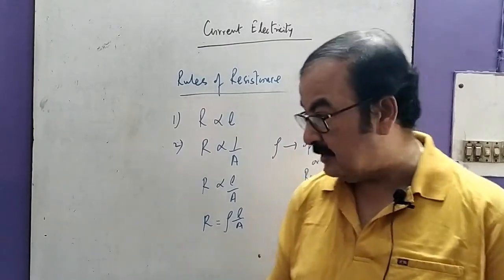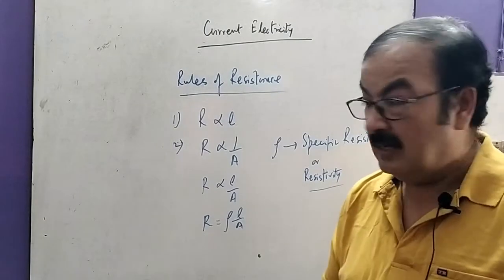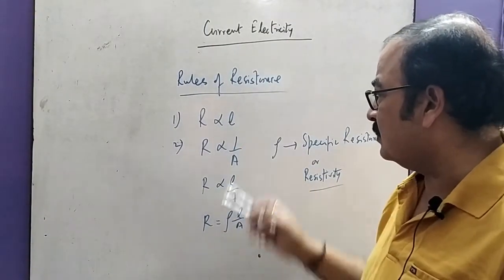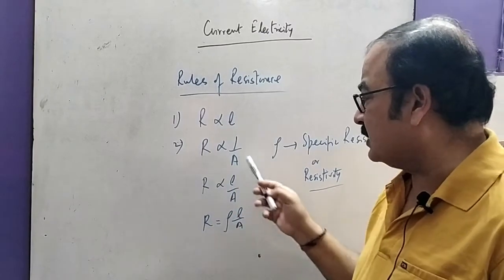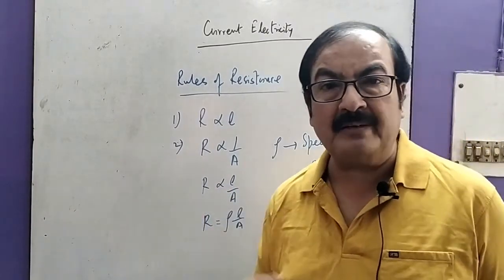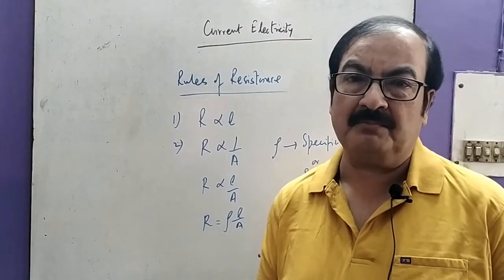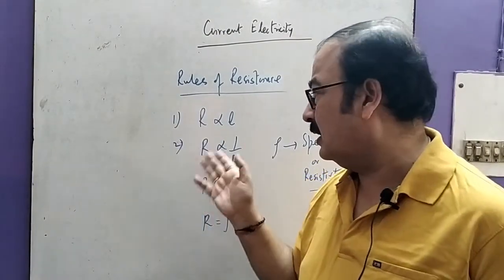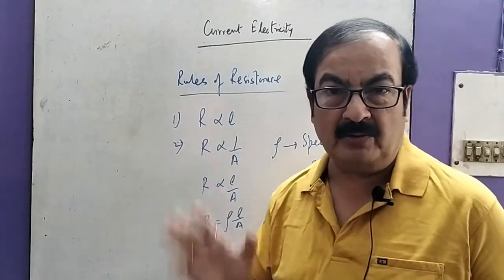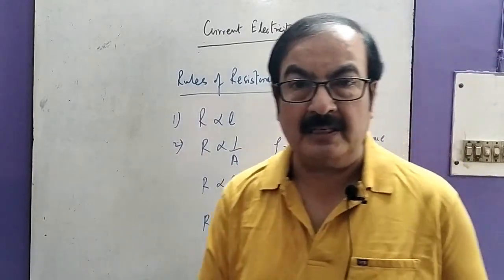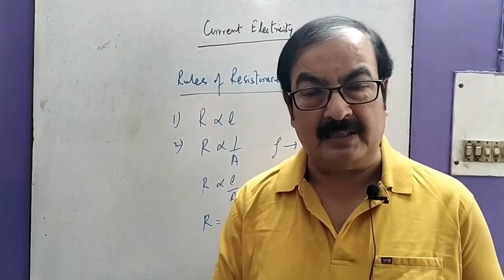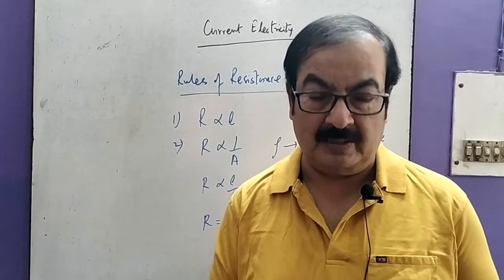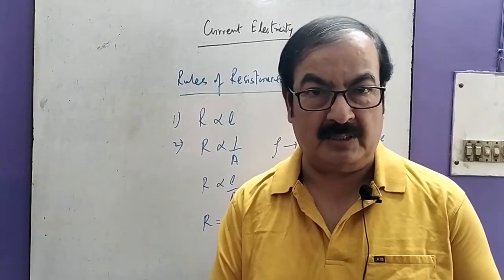Now if R is proportional to L and R is inversely proportional to A, there may be some confusion. You know that R is proportional to L and R is proportional to 1 by A. But practically, is it possible that resistance increases with length? One is directly proportional, other is inversely proportional.